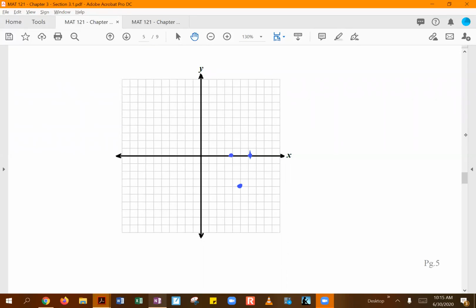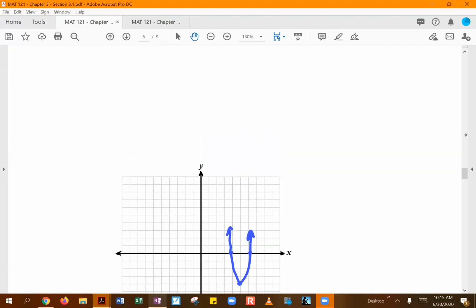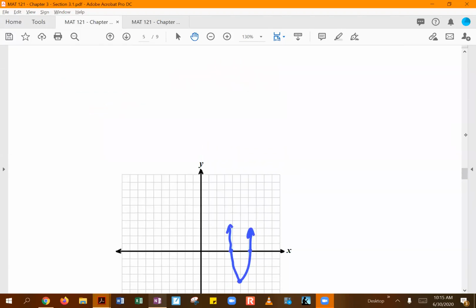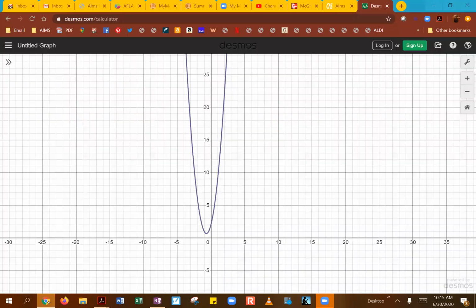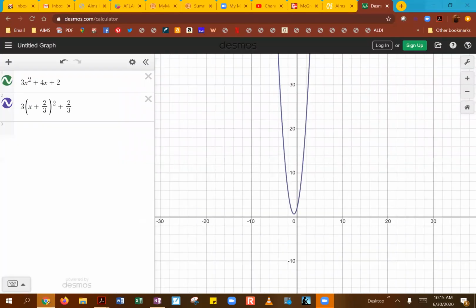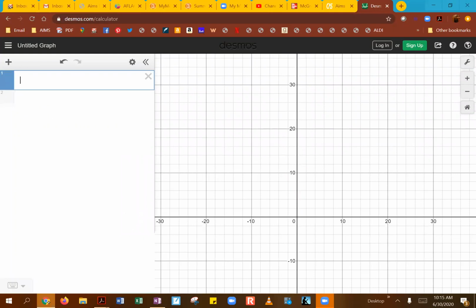So we'll just do a general shape of our function here. Something like this for our function over here, but I want to show you on our little Desmos calculator what this ends up looking like.